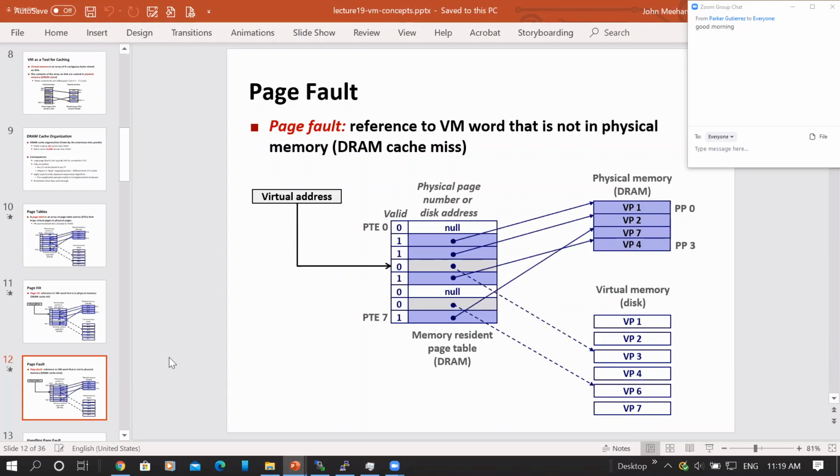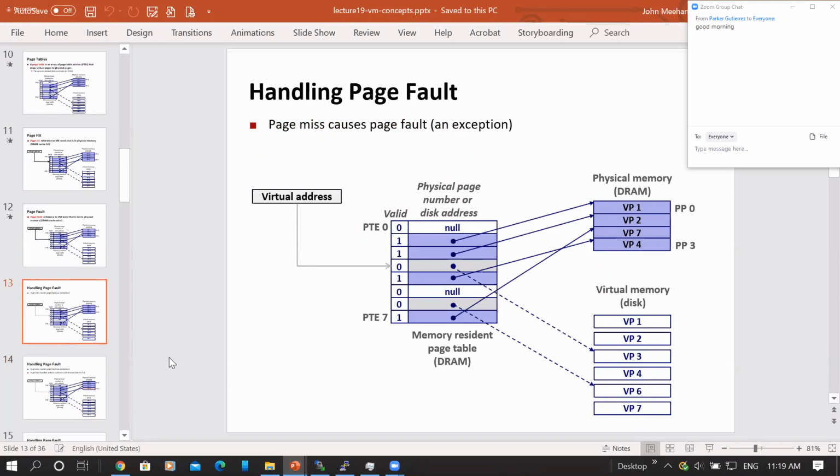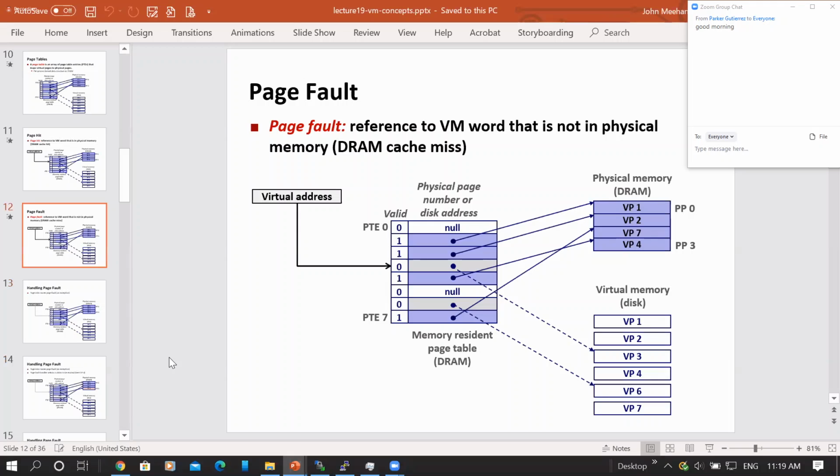So I have to service the page fault. Well, who does that? The operating system does that, right? This page fault is going to cause an interrupt to vector up into the operating system code. The operating system is going to go, oh, this process was trying to access this page and it's not in memory. So I've got to initiate some disk IO operations to go get this thing off the disk and dump it into memory somewhere.